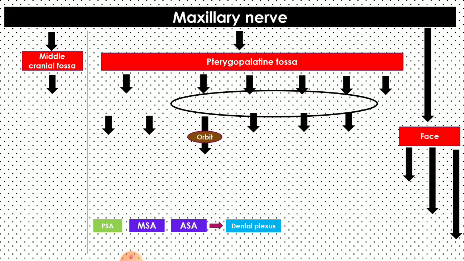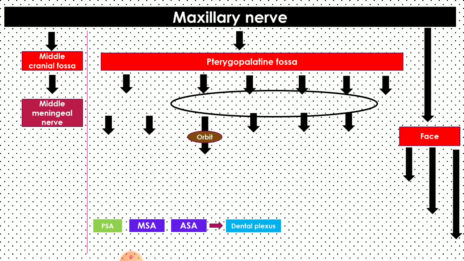So we will revise once. It has been distributed accordingly as the areas. First is the middle cranial fossa, second is branches within the pterygopalatine fossa, third is branches within the face. In the middle cranial fossa, we see the middle meningeal nerve branch. From there it exits the skull through foramen rotundum and comes into the pterygopalatine fossa.